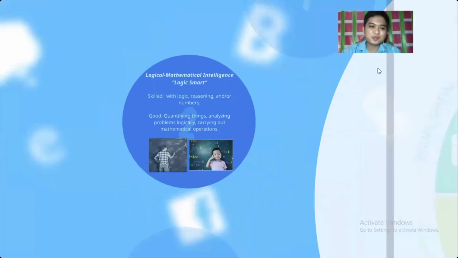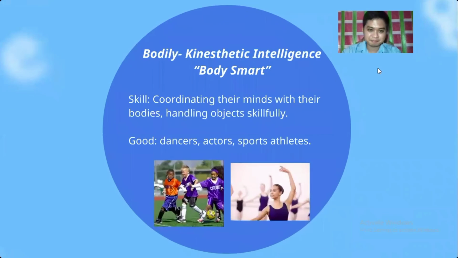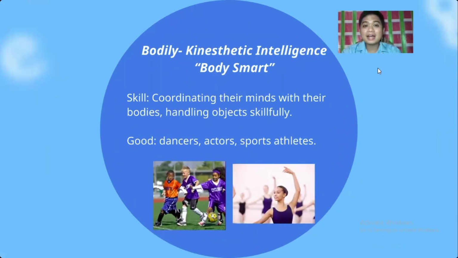Then let's proceed to the third one, the bodily kinesthetic intelligence, or the body smart. People who have this intelligence are said to be good at body movements, performing actions, and physical control. People who are very strong in this area tend to have excellent hand-eye coordination and dexterity.